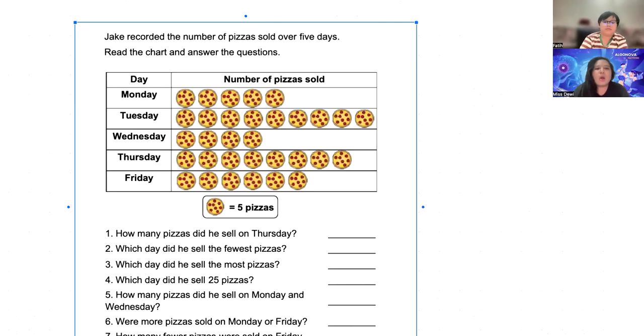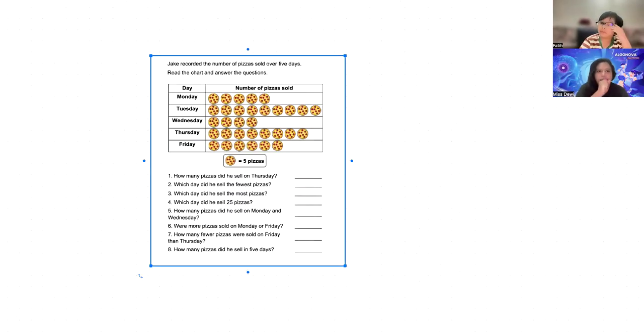And then you need to read all the instructions. There is a name of the person here, it's Jake. Jake recorded the number of pizzas sold over 5 days. And then you need to read the chart and answer the questions. How many questions are there here, Fatih? 8.